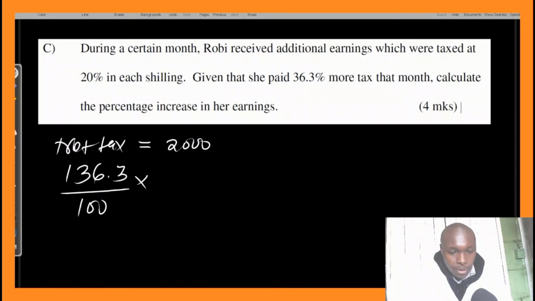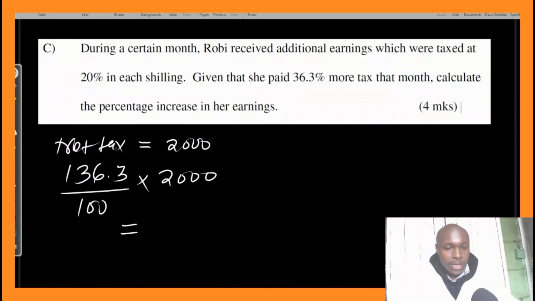So it is 136.3 over 100 times 2,000. This will give us the total tax paid after the increase of 36.3%.